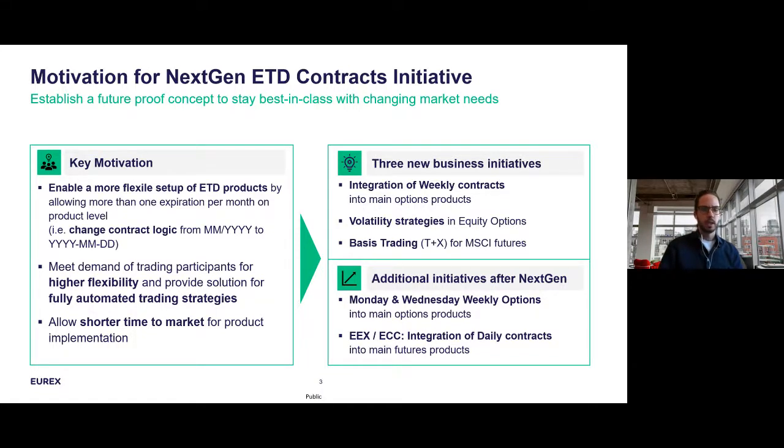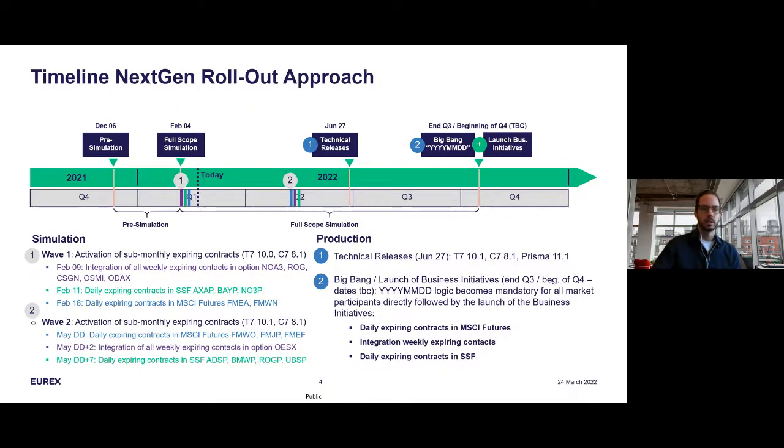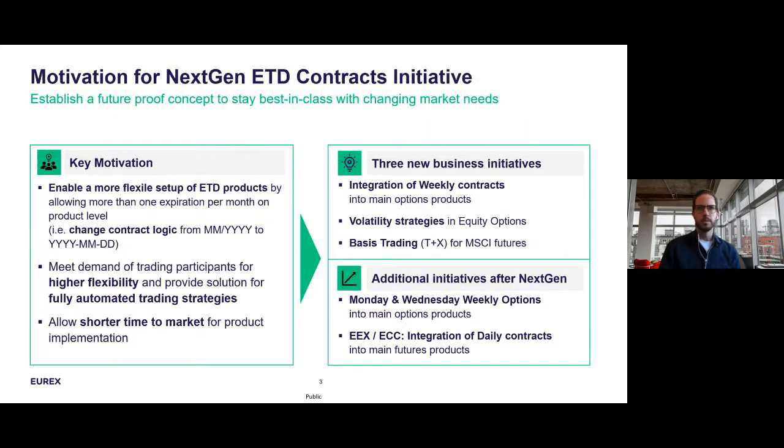Now looking into the NextGen topic, what is it about? We're on slide number 3. You see we have two major milestones that we want to achieve. In the first step, we aim to establish a future-proof concept in order to cater for long-demanded trading strategies that we can currently not offer.